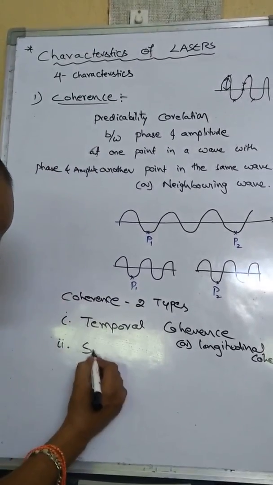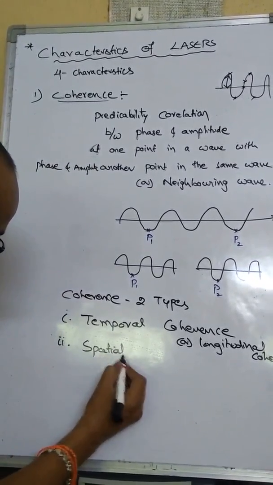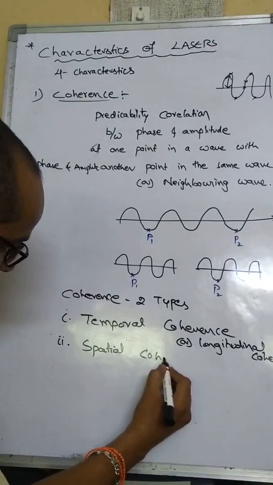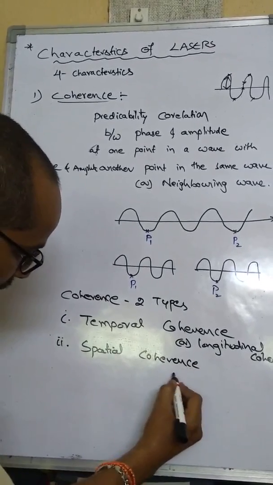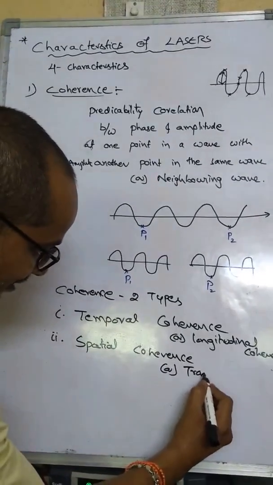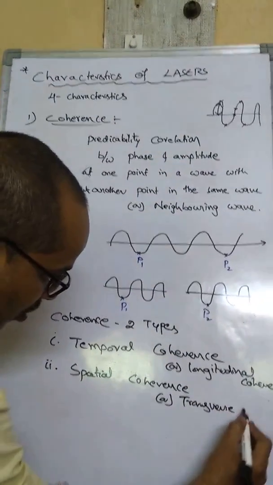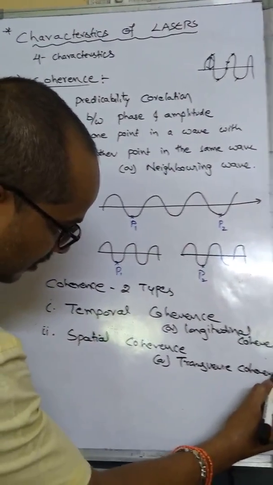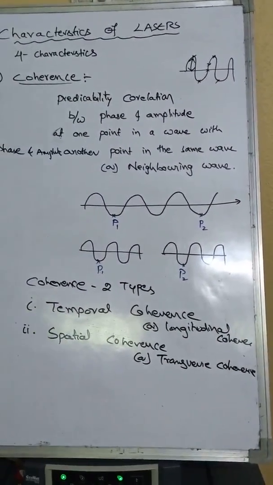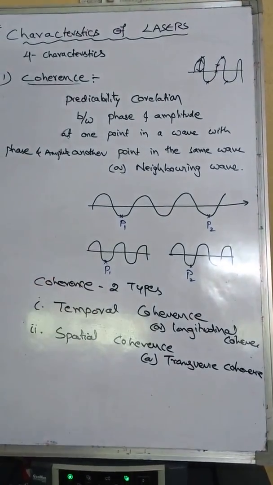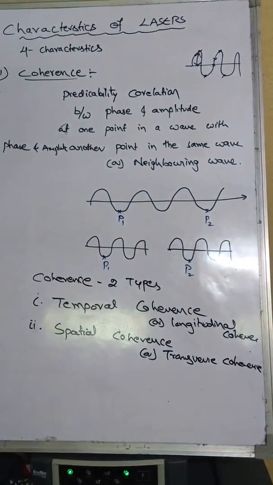And another type is spatial coherence, also called transverse coherence. So these are the 2 parts of the coherence. Coherence is of 2 types, a temporal coherence and a spatial coherence.